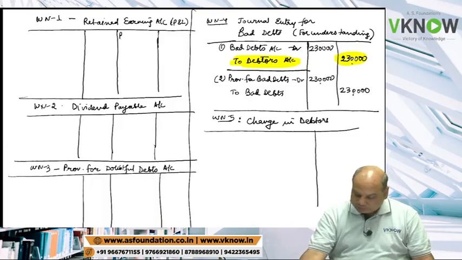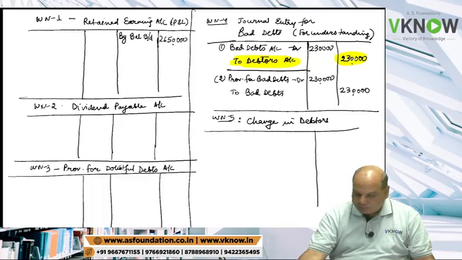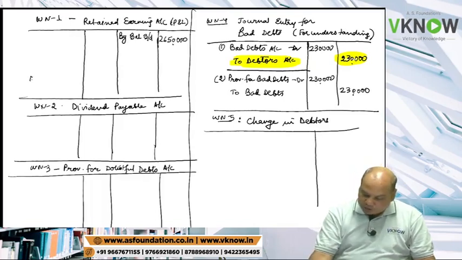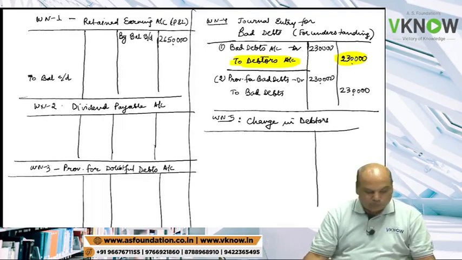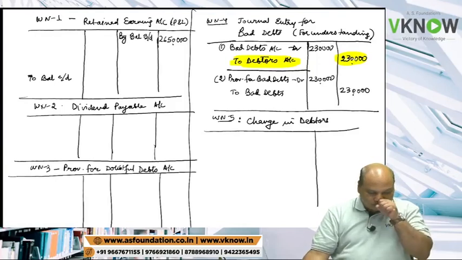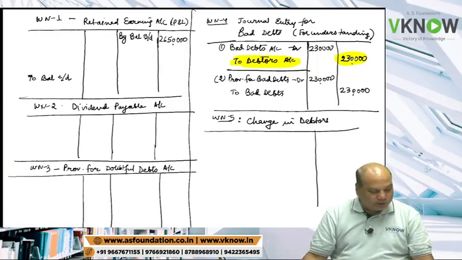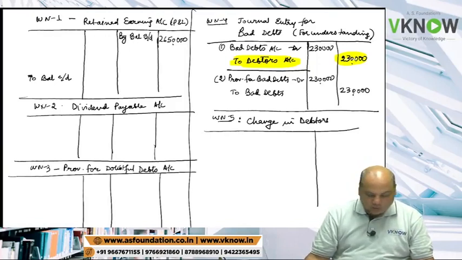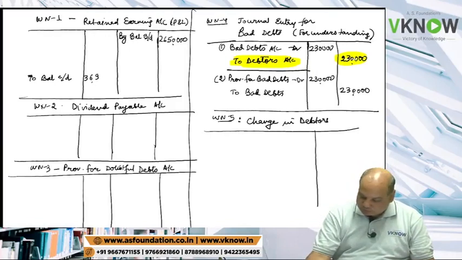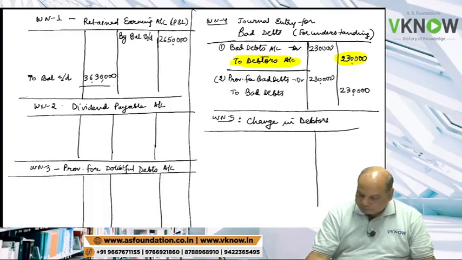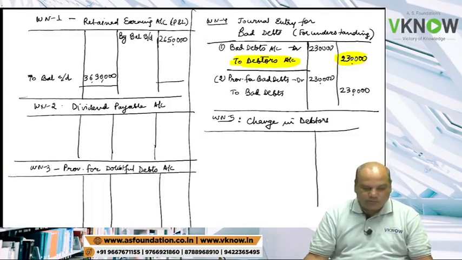By balance brought down 26,50,000 and to balance carried down 36,90,000. We'll come back to this.